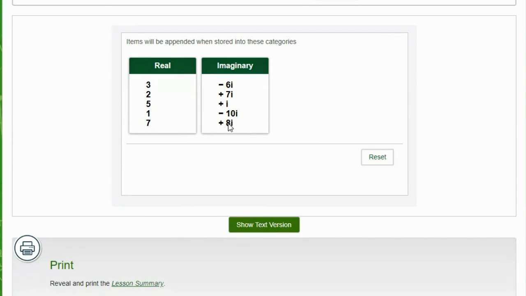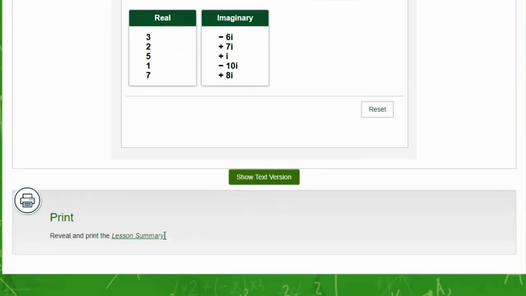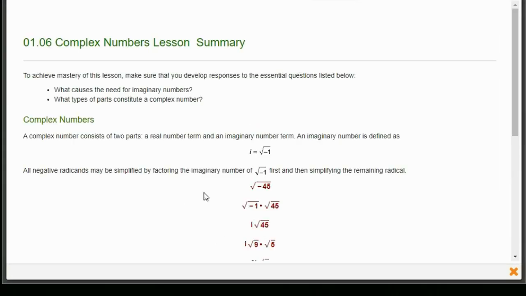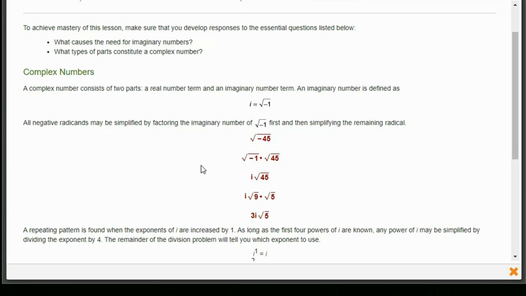But when we put them together, those are called complex numbers. And that's the end of this lesson. Look, there's a lesson summary. A complex number consists of 2 parts, a real number term and an imaginary number term. And an imaginary number is defined as i equals the square root of -1.